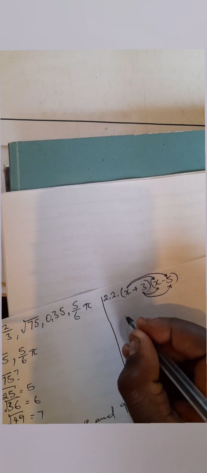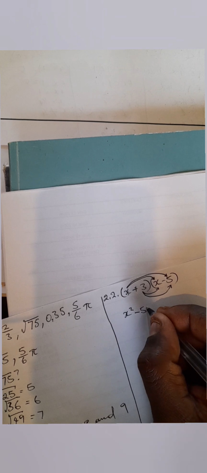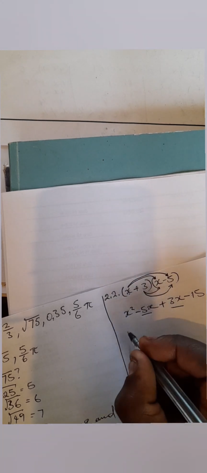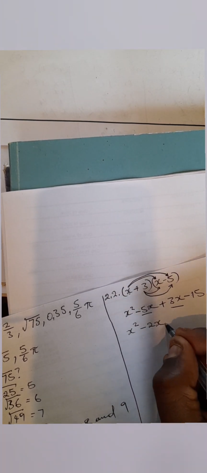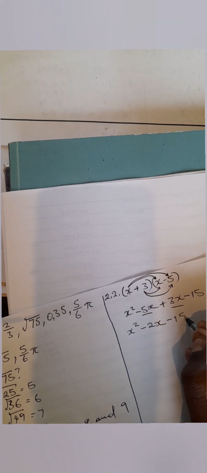Starting with x, x times x is x squared. x times negative 5 is minus 5x. 3 times x is 3x. 3 times negative 5 is negative 15. Group the like terms. You have x squared minus 2x minus 15. For 3 marks.